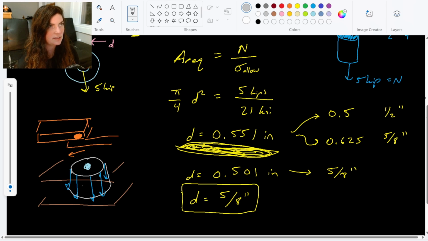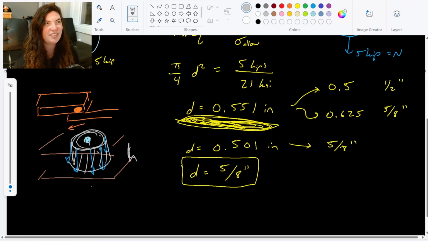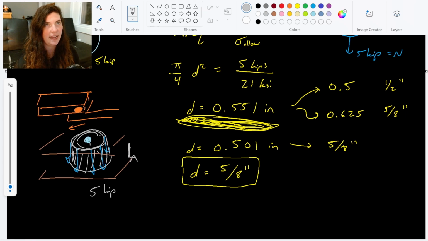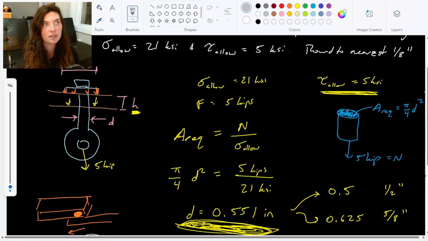It's this cylinder, right? As if it were pushing through this distance H. It's where those two surfaces would be rubbing against each other, interacting. Because this 5 kips is still acting in the same place in the same way, right? So it's still acting down through the eye bolt, and the shear is occurring along the edge of the washer, where it would be trying to shear against the internal material of H.